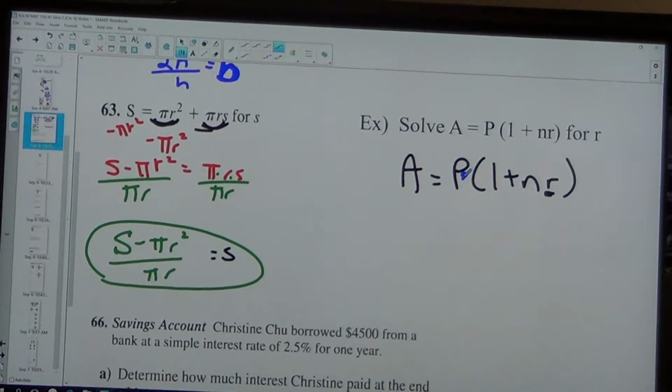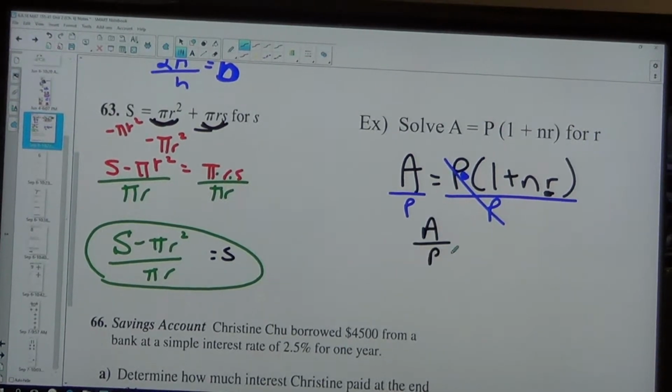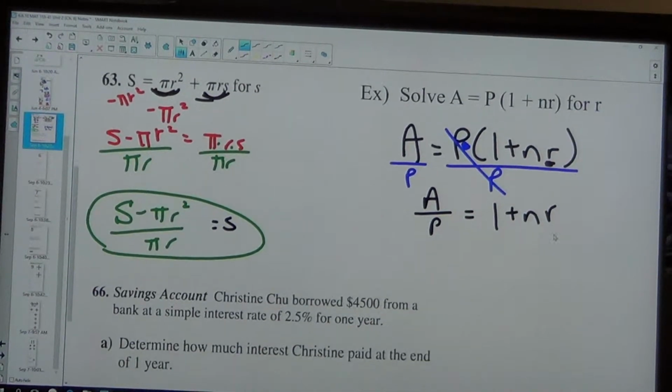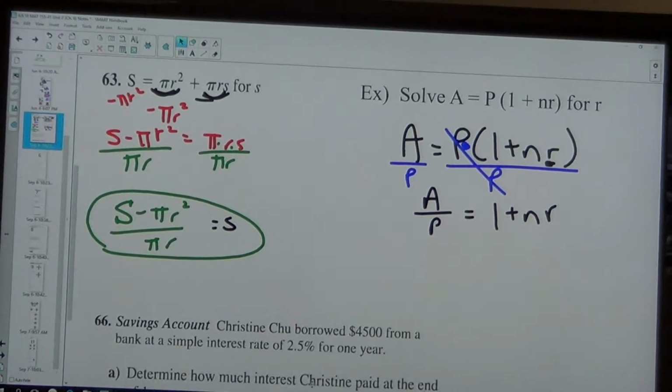So how am I going to get rid of multiplying by P? Divide. Dividing by P gets rid of him. So that's going to be A over P equals 1 plus NR.